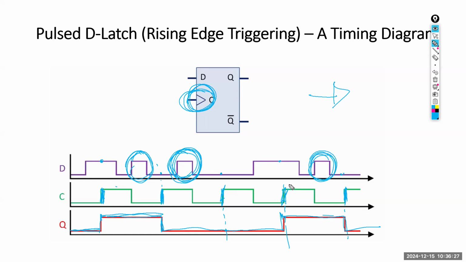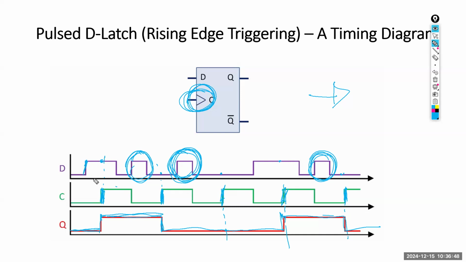Still, there's a small problem, that is your D goes up here, but it needs to wait until the next rising edge for our Q to follow. So therefore, it doesn't mean that the moment your D goes up, your Q goes up. No, there's a maximum of one clock cycle delay.